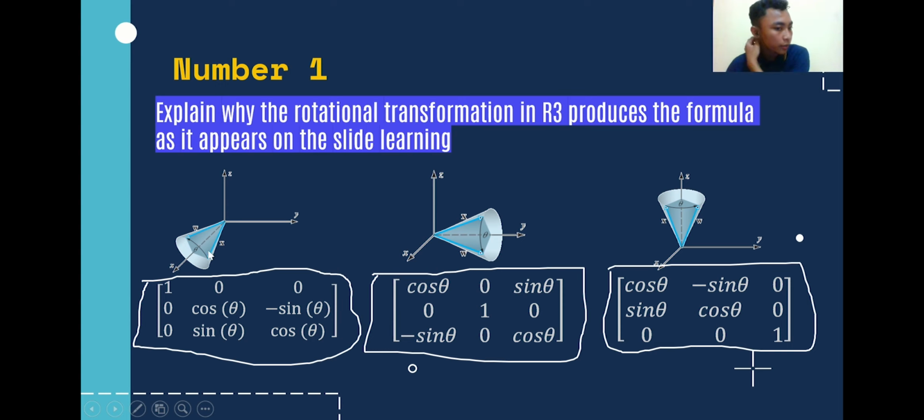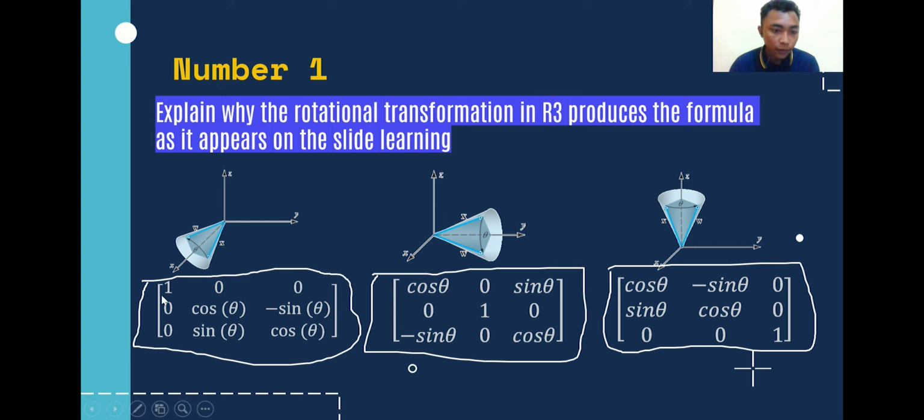Maybe I will explain first the x-axis. So why is the matrix formula like this? We can see in this picture of the rotation in the x-axis, the rotation is memutari sumbu x. So this means the coordinate in the x-axis will not be changed, atau bisa dibilang titik koordinatnya akan tetap sama karena dia memutari sumbu x-nya.